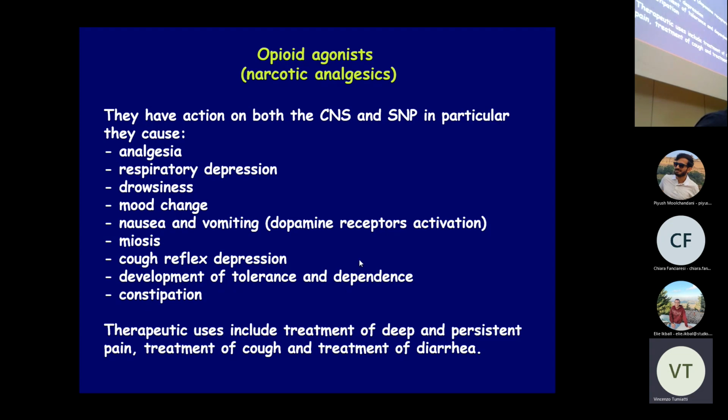Development of tolerance and dependence, okay, and constipation. These compounds are able to block the movement of the intestinal muscle. Very important effect. We'll see in the case of non-specific diarrhea, you know. It is an important property.